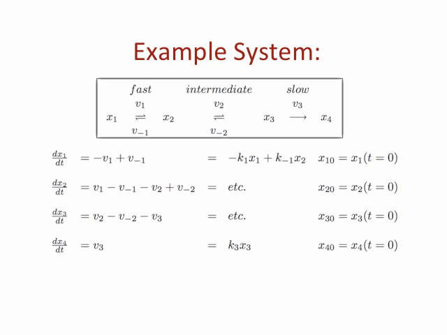What I want to do now is to show you the results of simulating this system when only x1 is present in the beginning. There is no x2, no x3, no x4. And x1 will be converted all the way to x4, and everything will end up as x4 because the last reaction, V3, is irreversible.